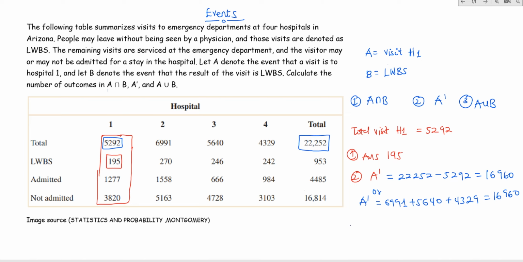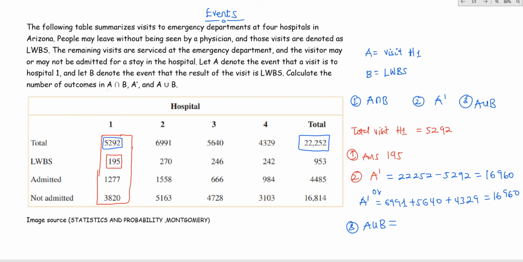So let's look at question 3. Question 3 says that we should find A union B. For A union B, we are looking at the combination of the people that went to hospital one and the combination of all the people that were not attended to in all the four hospitals.